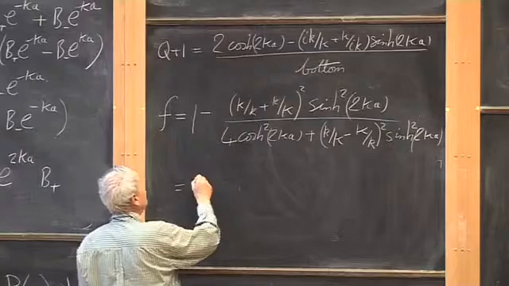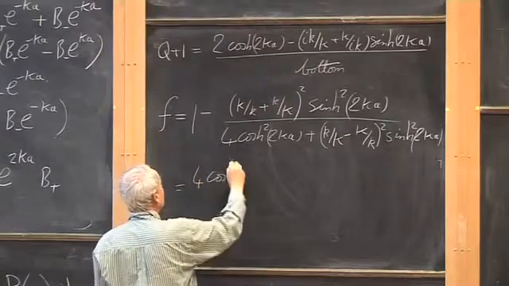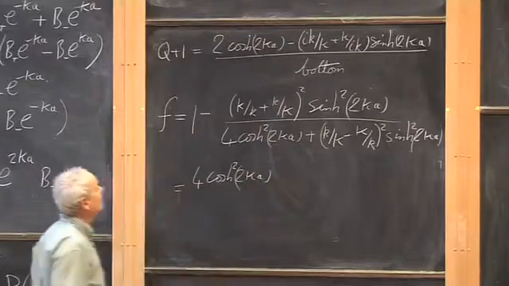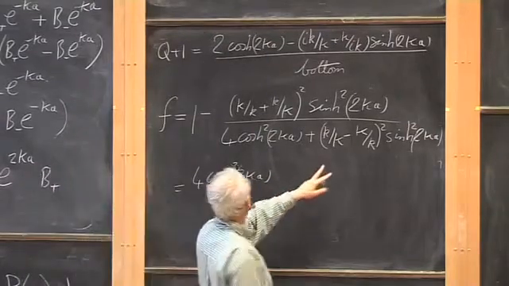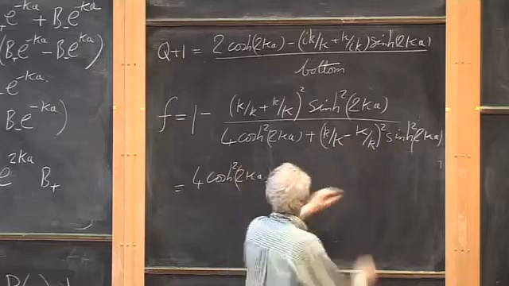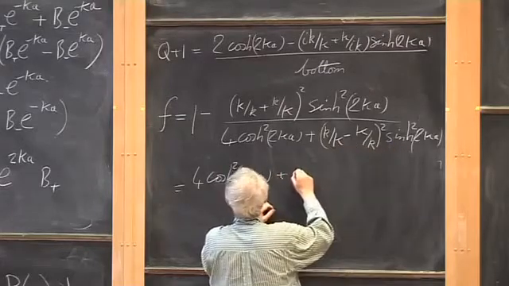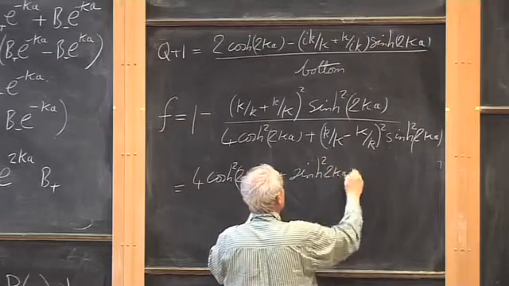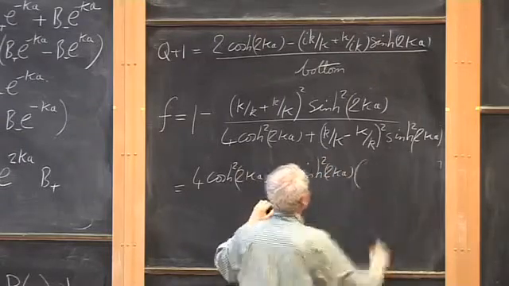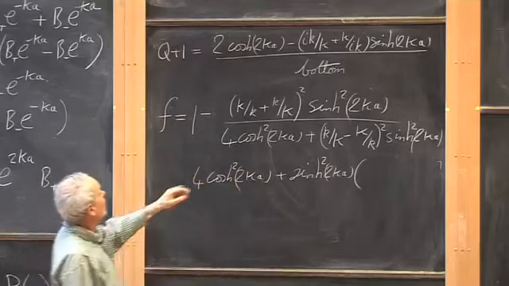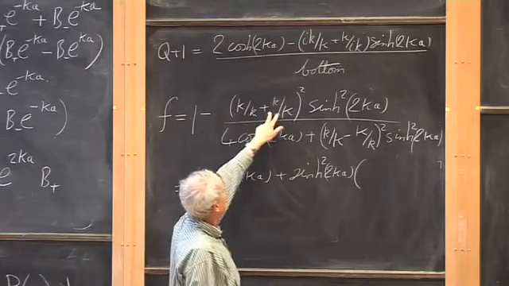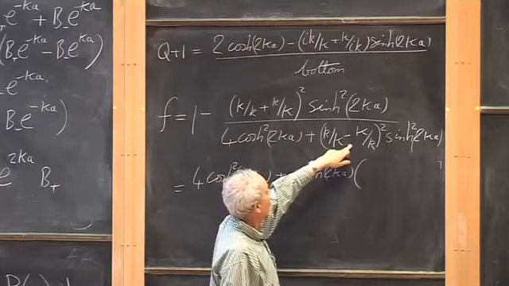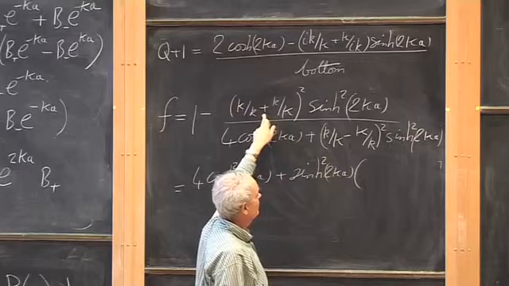So this will be 4 cosh squared 2ka plus sinh squared 2ka, times this bracket squared minus this bracket squared.